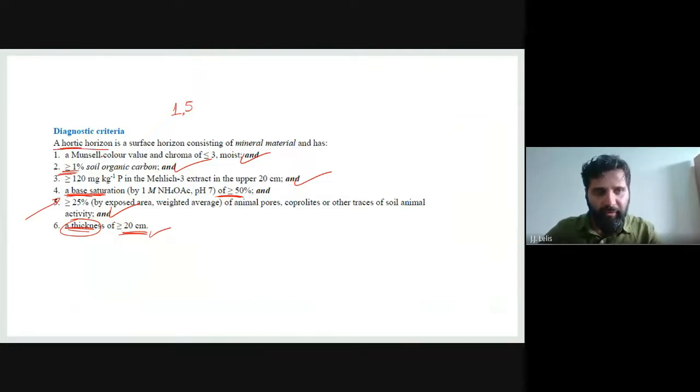So this first exercise is an anthric horizon, okay? Because this horizon fulfills all these criteria, okay?